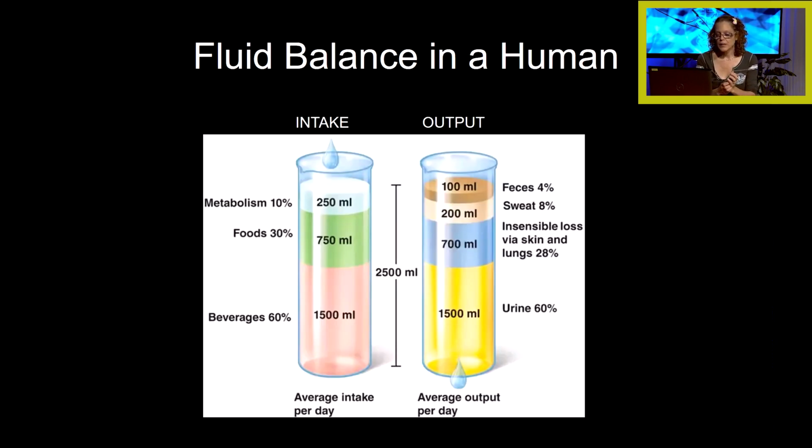And if we take a test tube sample of our intake and our output and look at it from a more scientific point of view, we can see here that the average intake of fluid in a human each day should be around 2,500 or so mLs.